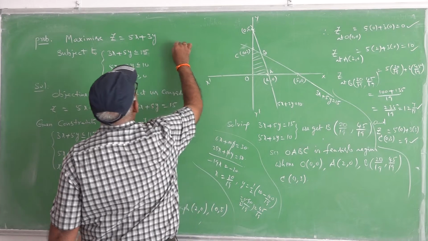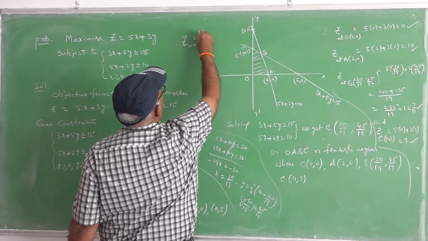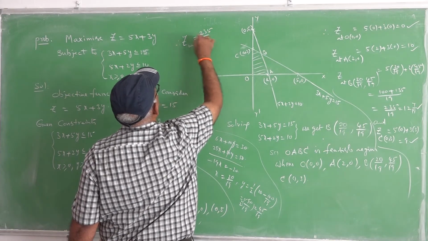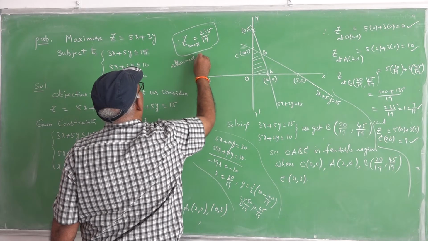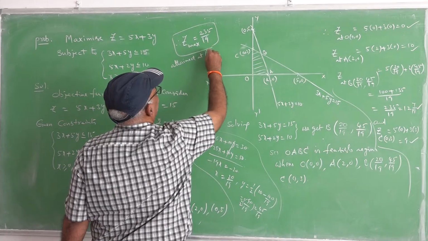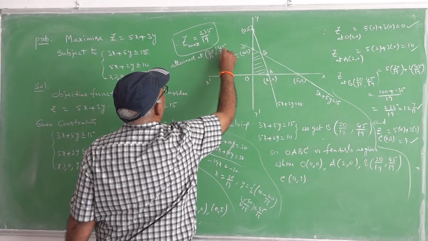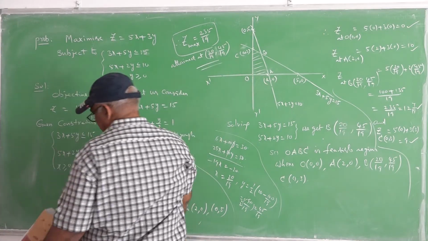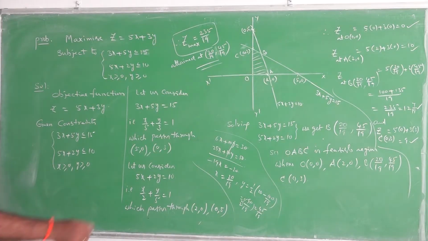So Z maximum value is 235 by 19, attained at the corner 20 by 19, comma 45 by 19. So this is the way of maximizing or minimizing the function.